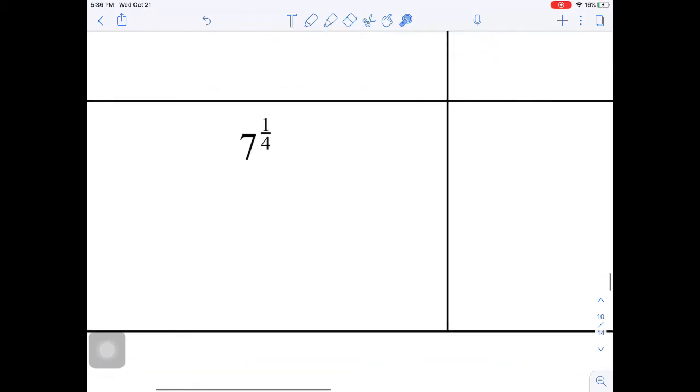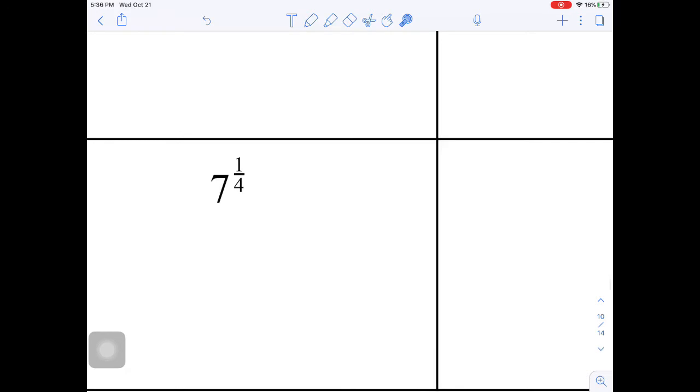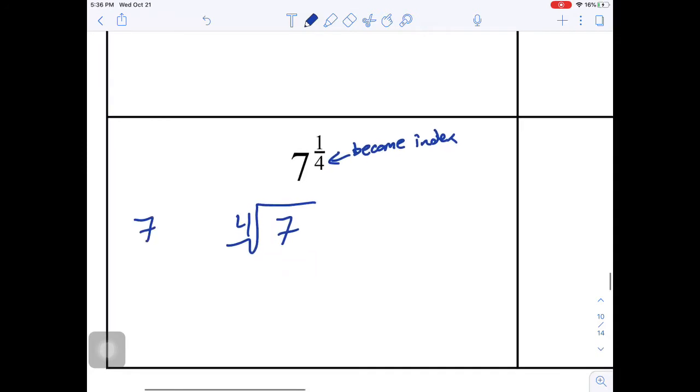Let's see here. The fourth root of 7. Now remember that our denominator is the index. So this will become our index, so this will become the fourth root of 7. So that's what 7 to the power of 1 over 4 equals.